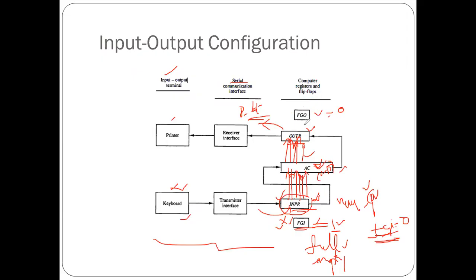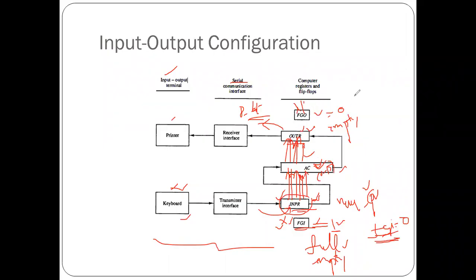Then the printer, the output device, will set the flag to 1, indicating that the output register is empty. The output register is empty, so the CPU can perform a write operation onto the output register.